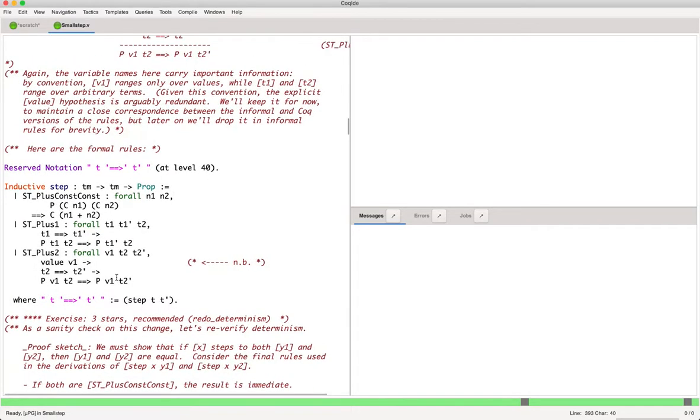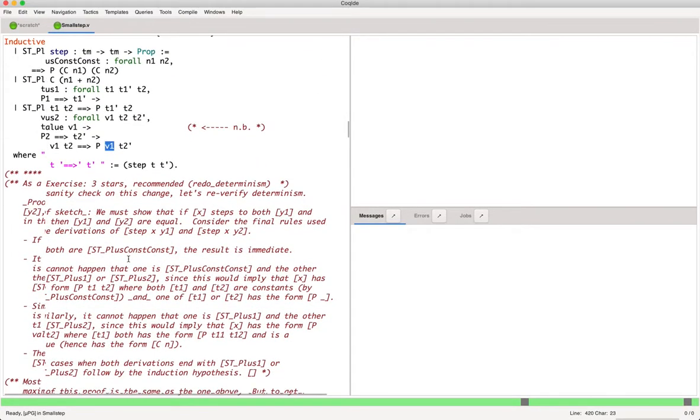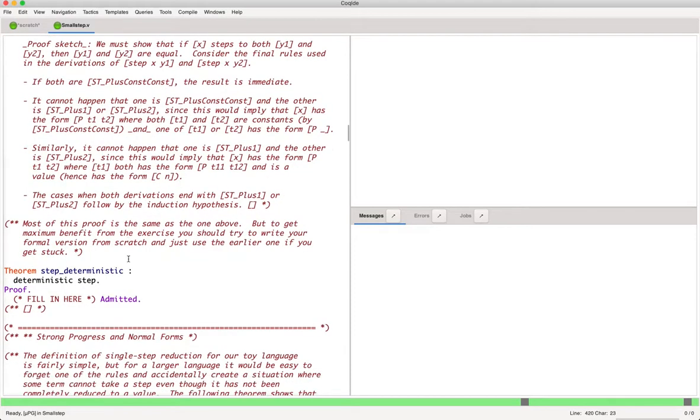The difference is that the value V1 part has been added here, and we're using V1 here as well. I'm not going to go through it, but you might find it useful to reprove that this particular step relation is deterministic. We'll use this version from now on, because we want the notion of value for other reasons as we go along.